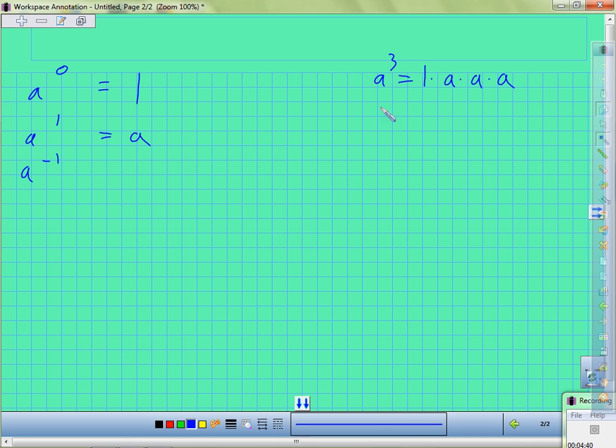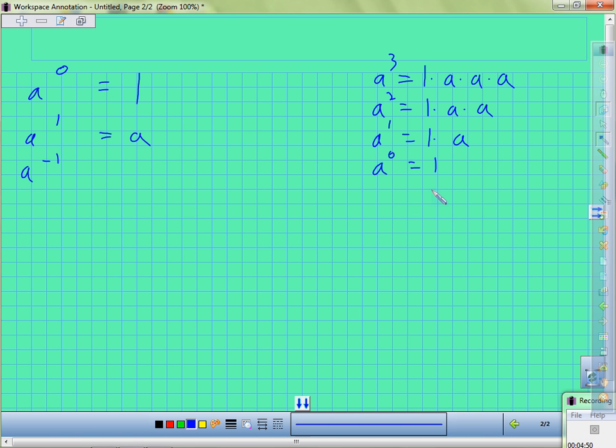A cubed, a squared, a to the first, a to the 0. Now, when we move from a cubed to a squared, what are we doing?